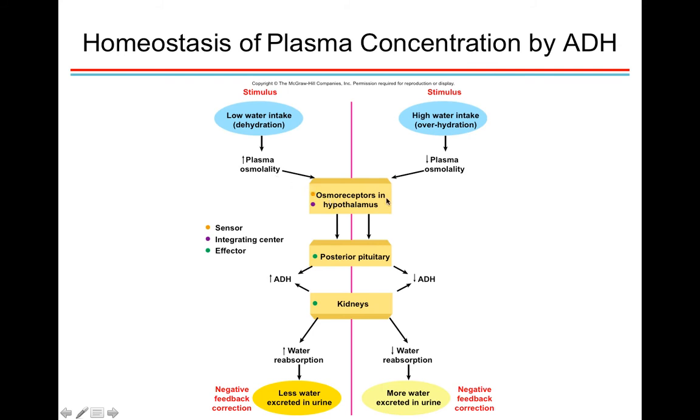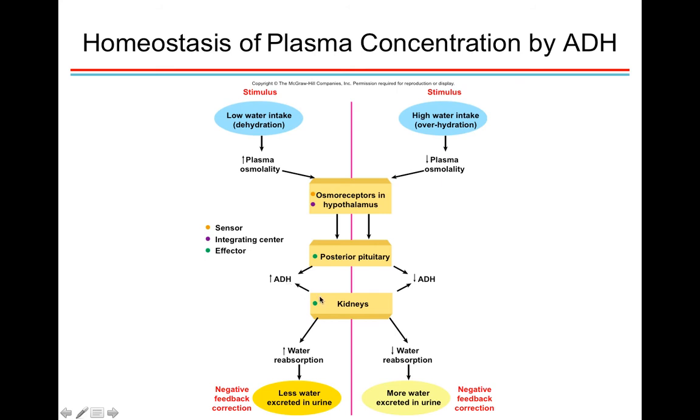Then we have osmoreceptors in the central nervous system. These osmoreceptors will send action potentials down to the pituitary gland, and that will then be a signal to secrete the hormone, antidiuretic hormone. Okay, antidiuretic hormone will be produced.